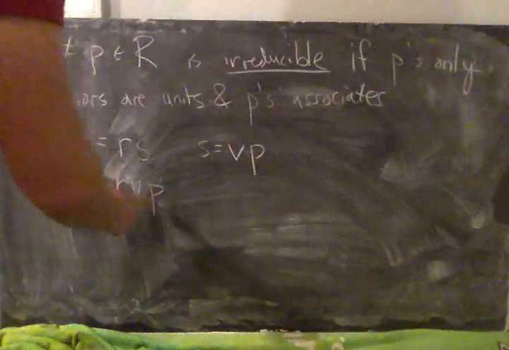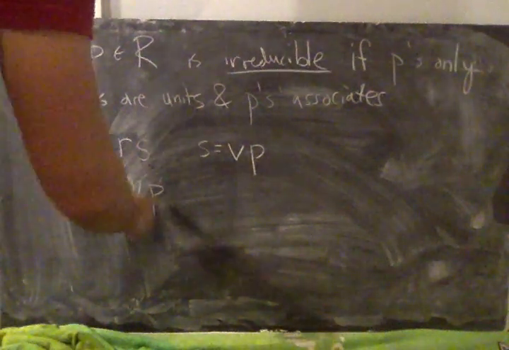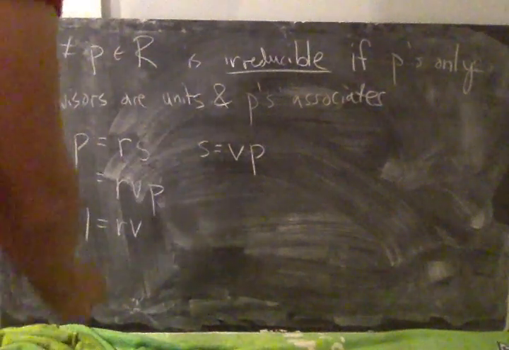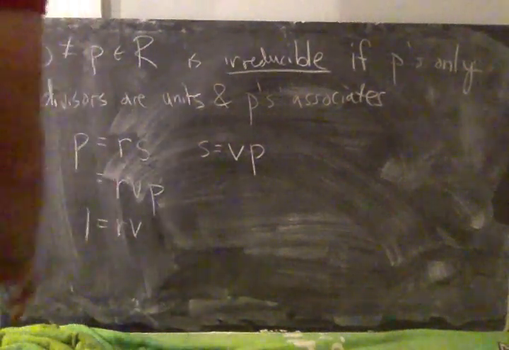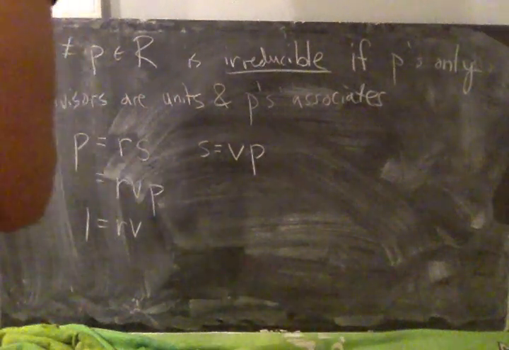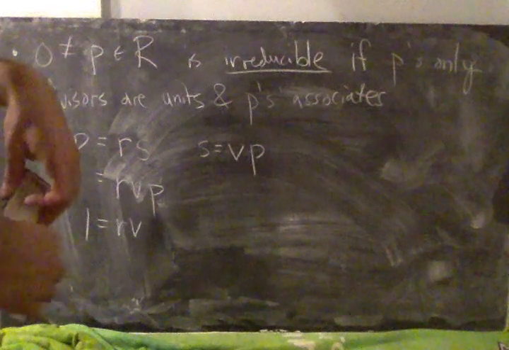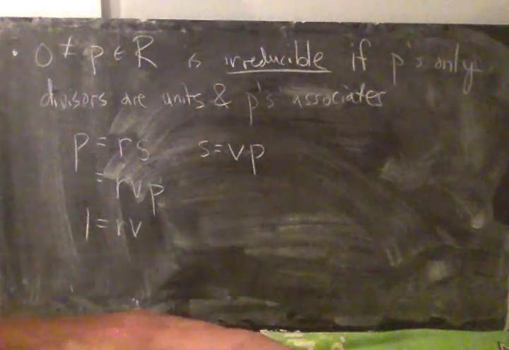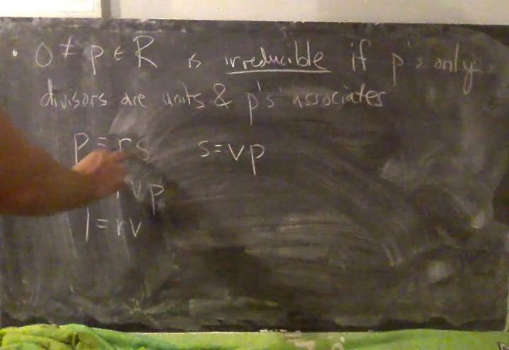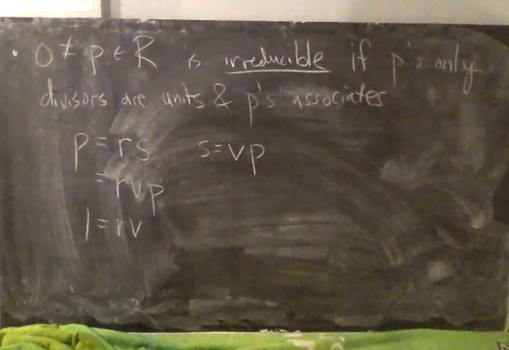And then because we have cancellation in the integral domain, we can cancel the p's and we get 1 is equal to r times v. And so that says that r is a unit, right? So at least one of these is always a unit here. And that's a little proposition in the book. So it's an equivalent way to say that something is irreducible, is that whenever you have a factorization of it, at least one of the factors is always a unit.